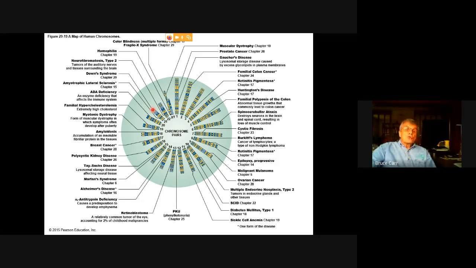It has two number 21s. So the sperm carrying a number 21 gives you 3, and that unusual condition called Down syndrome. An individual with 47 chromosomes, we don't find many that survive with that number. But this is part of this genetic mapping activity.